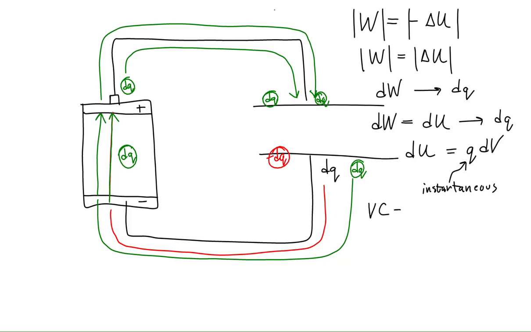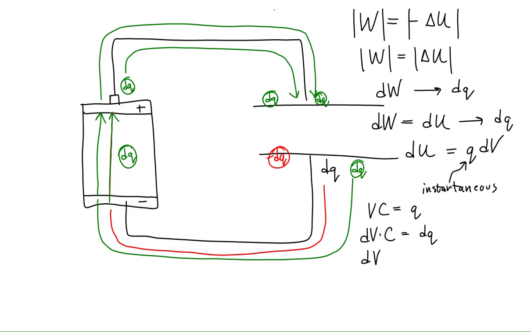Well, let's go to our definition of capacitance. If capacitance is a constant, and for this scenario it is, that means a small amount of potential difference times the capacitance is equal to a small amount of charge.